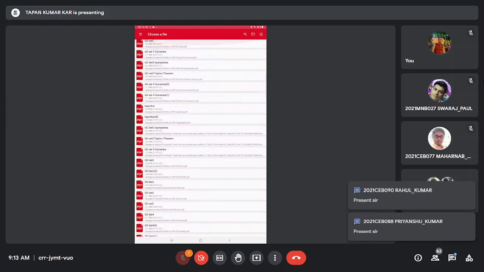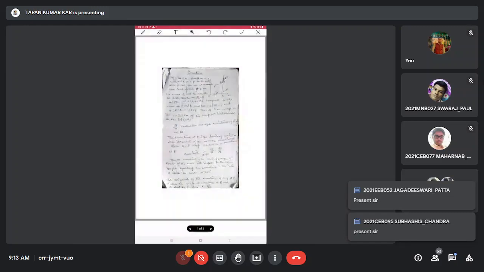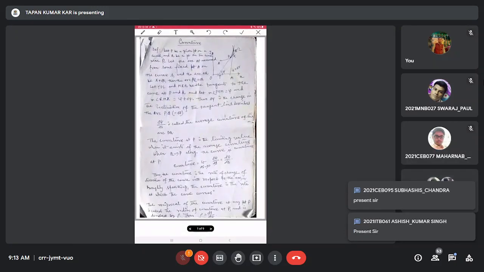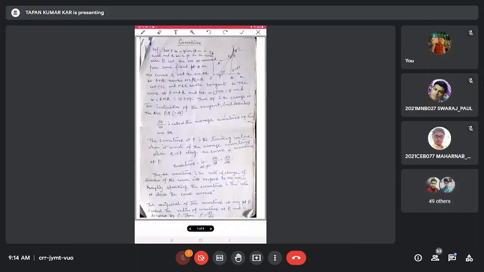Okay. So, one of the applications is the curvature. And you know the curvature definition.